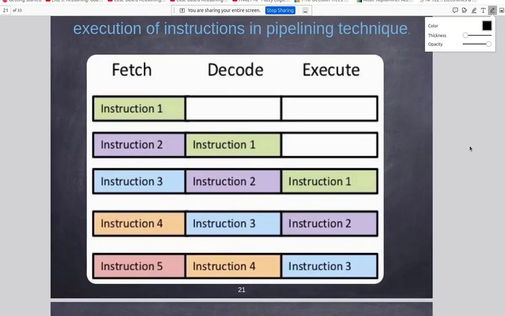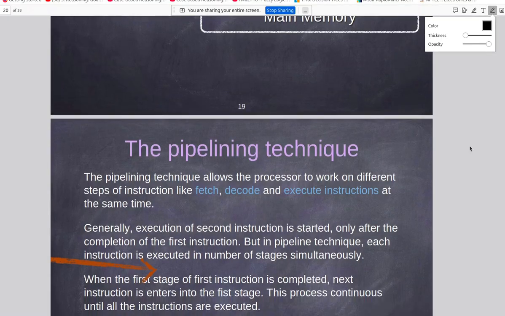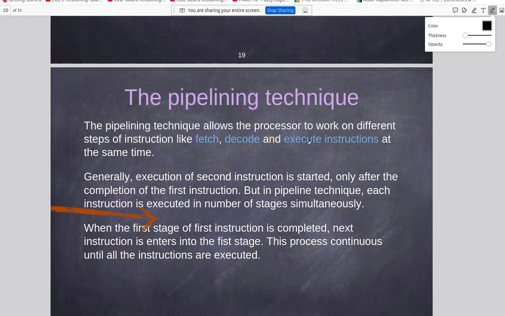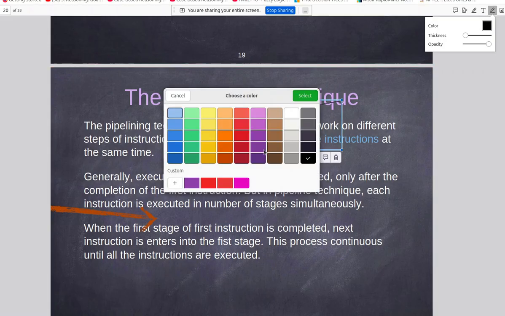So let's look at it above, what is pipelining then. Actually, pipelining means the processor will work on different steps of instructions at the same time. For example, you can even say that instead of executing one instruction completely, maybe I can change the color here.